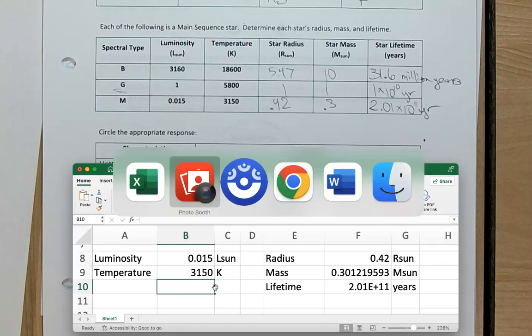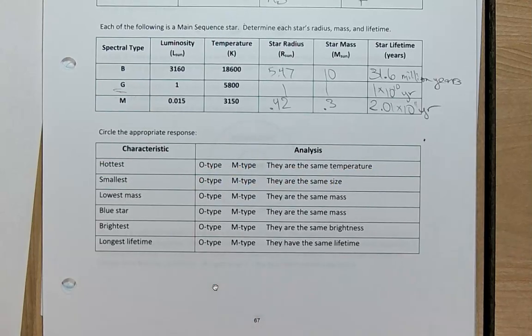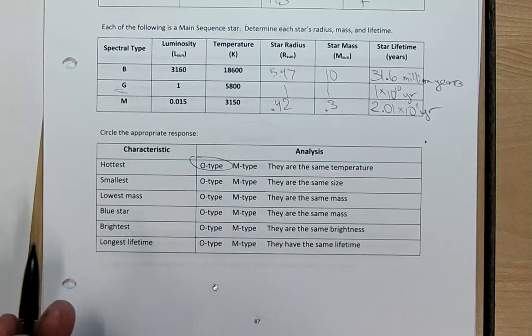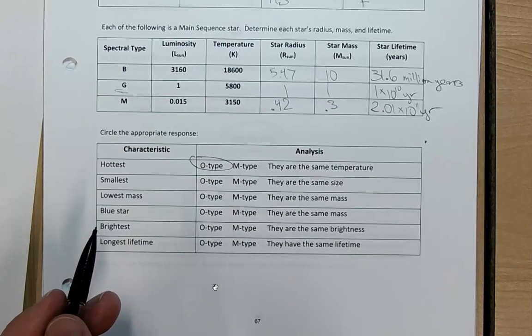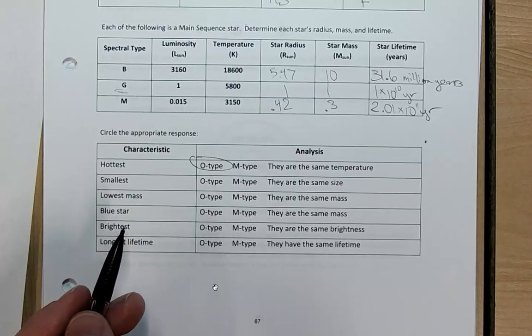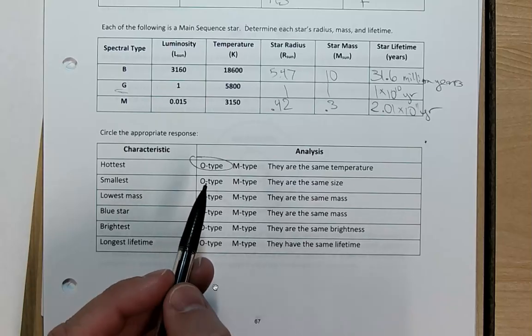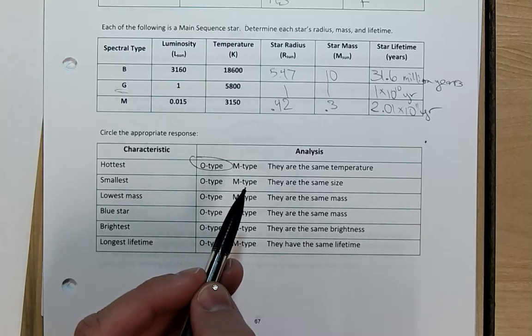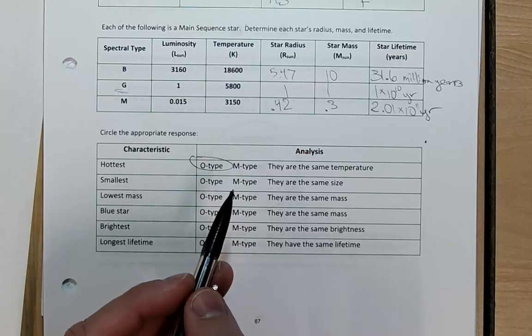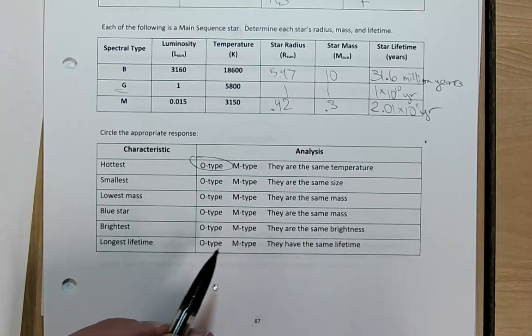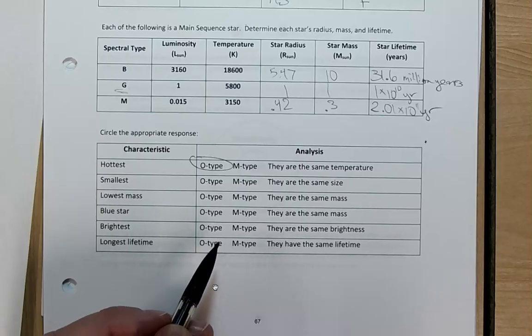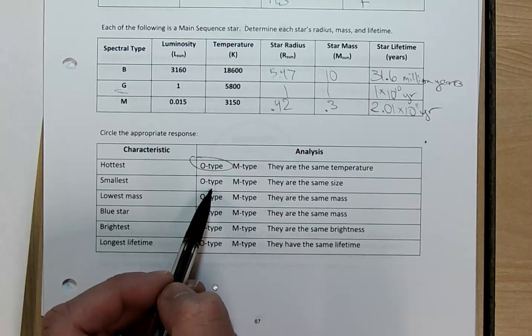All right. So let's look at the rest of these questions here. Between the O-type stars and the M-type stars, which one's hottest? The O-types are hottest. Which ones are smallest? Now remember, if we're dealing with main sequence stars, the temperature tells you pretty much everything, right? If you're dealing with main sequence stars, then the hot ones are also the big ones.